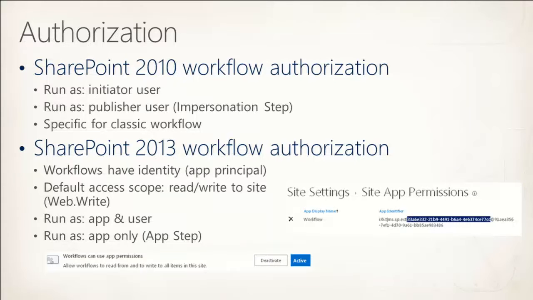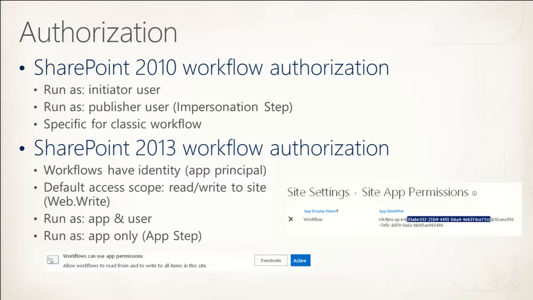These were unique to workflow, so that authorization model was only supported by workflow. But now in SharePoint 2013, apps have an identity that SharePoint understands. And as you'll see, because workflows themselves are apps, workflows also have an identity from the point of view of SharePoint.